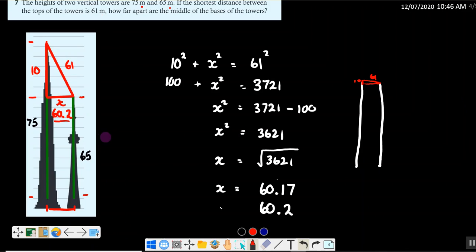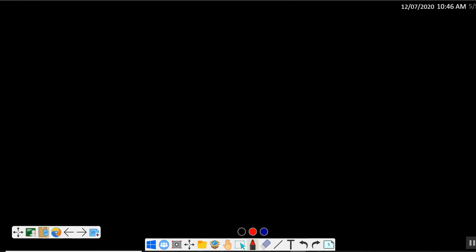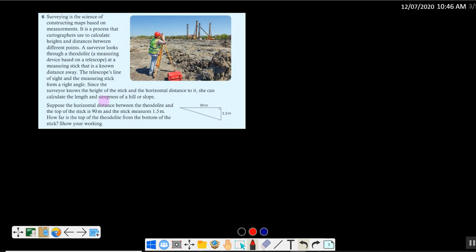But it's always worthwhile looking at your numbers and going, does it make sense? So 61 and 60.2, that's fine, isn't it? As long as the 60.2 wasn't longer, but that 10 definitely isn't anywhere near the 61. So they've just exaggerated it. Okay. So, have you all done this one as well?